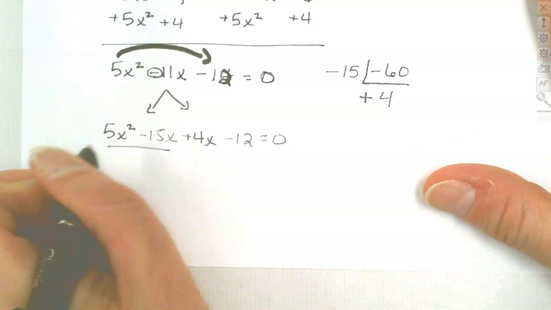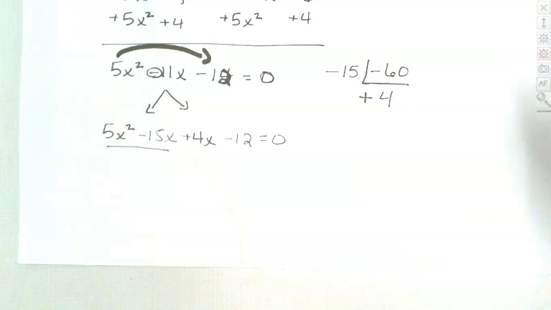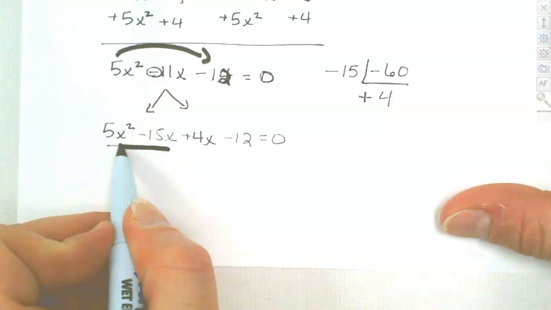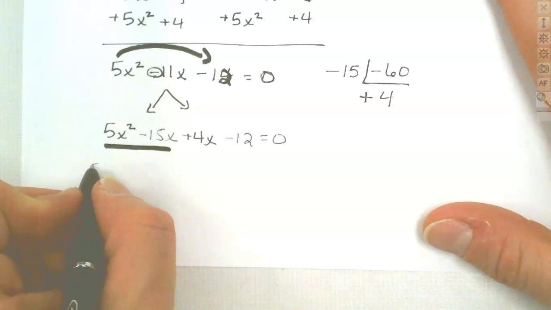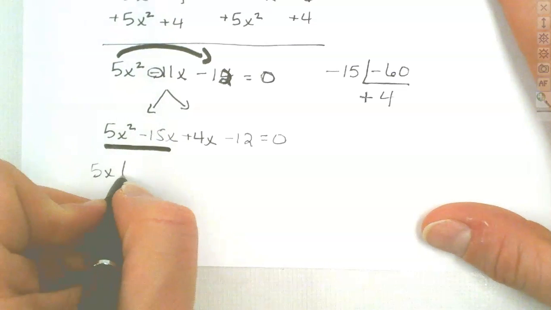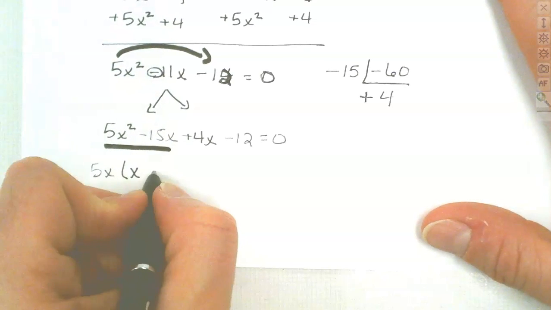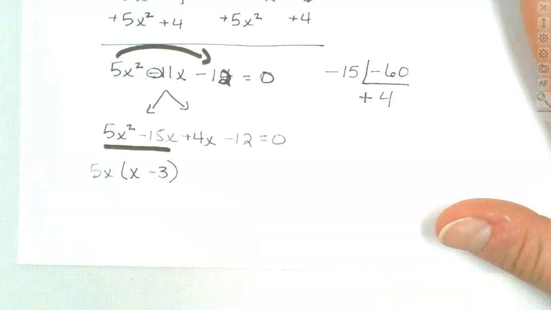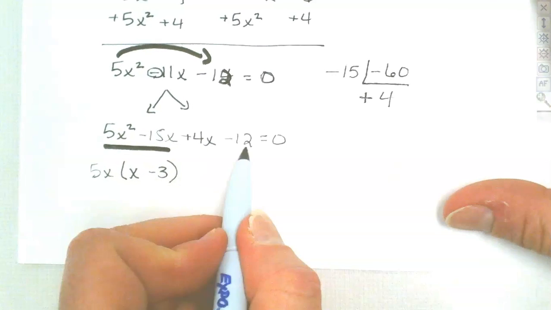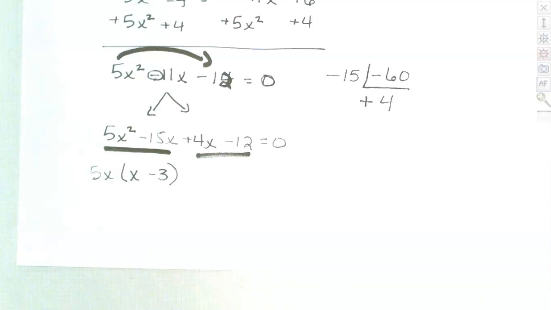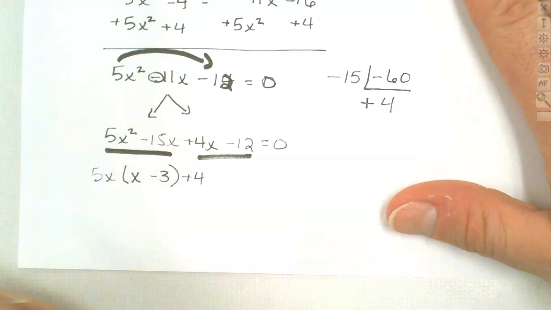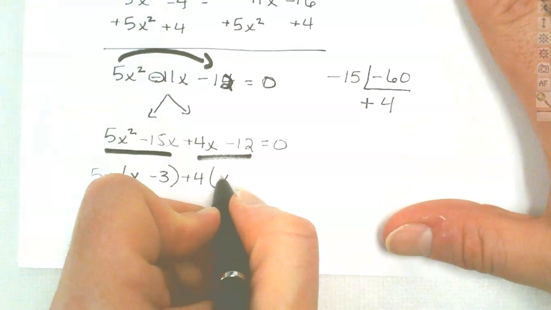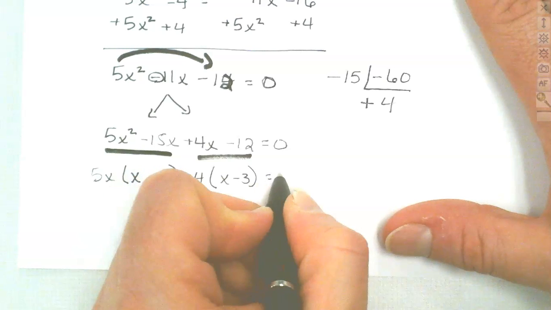First two pieces, what can I factor out? Yep, 5x can come out of my first two pieces here. So that's going to come out, and that leaves you then with an x minus 3. The next two pieces, looks like a 4 can come out, and that's going to leave you with another x minus 3.